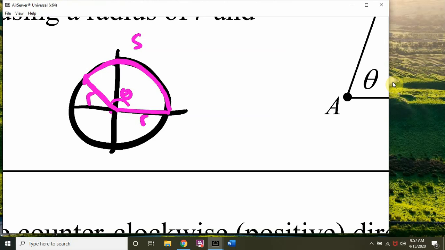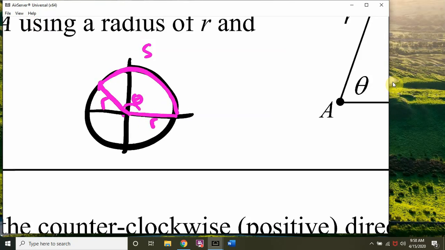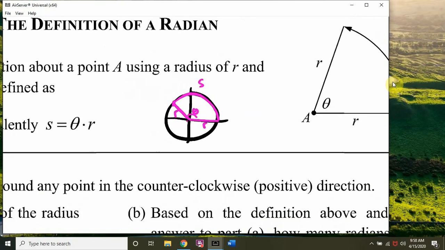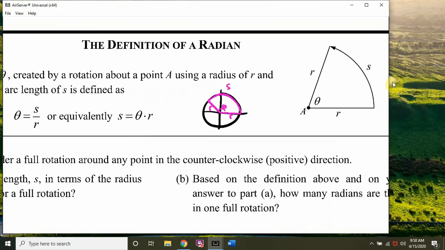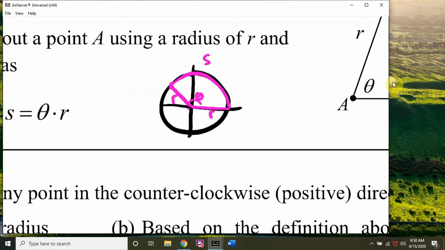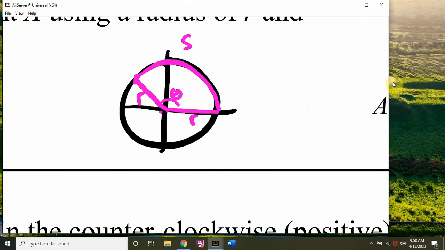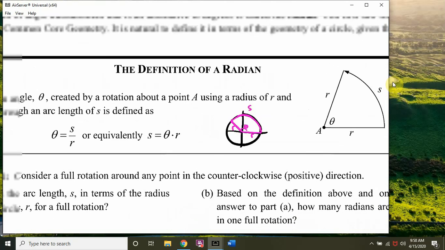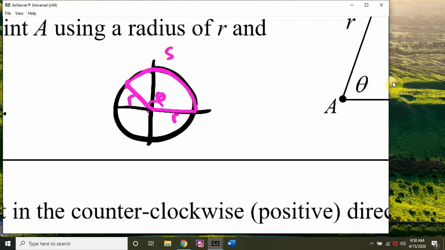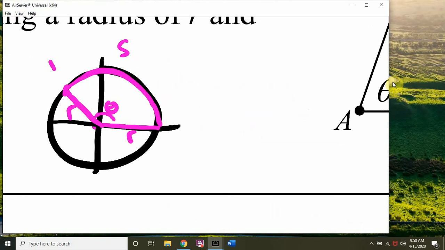Okay, so there's certainly a relationship between the size of the angle and the size of the arc that's intercepted, okay? And that's what this formula represents. Basically, the definition of a radian, what we're calling this angle theta here, is basically the ratio, right? It's S over R. That's a ratio. So we basically look at how long is this arc, and we divide it by the length of the radius.